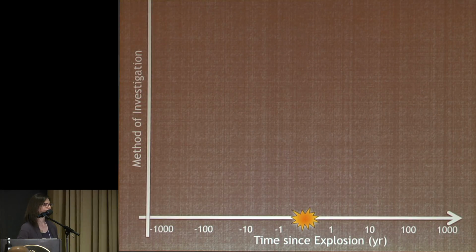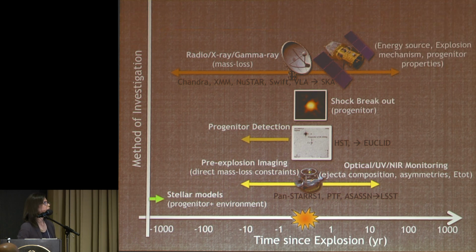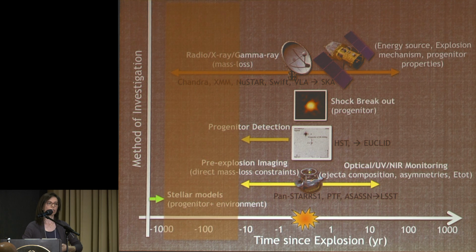Of course, if you want to learn about what happened before death, there are a number of different methods, and we already heard a lot about that today. But the point I'd like to make is that, if we forget for a moment about galactic supernova remnants, the only way we have to learn directly about what a star was doing in the centuries and thousands of years before explosion is by using the supernova shock as a probe of the environment.